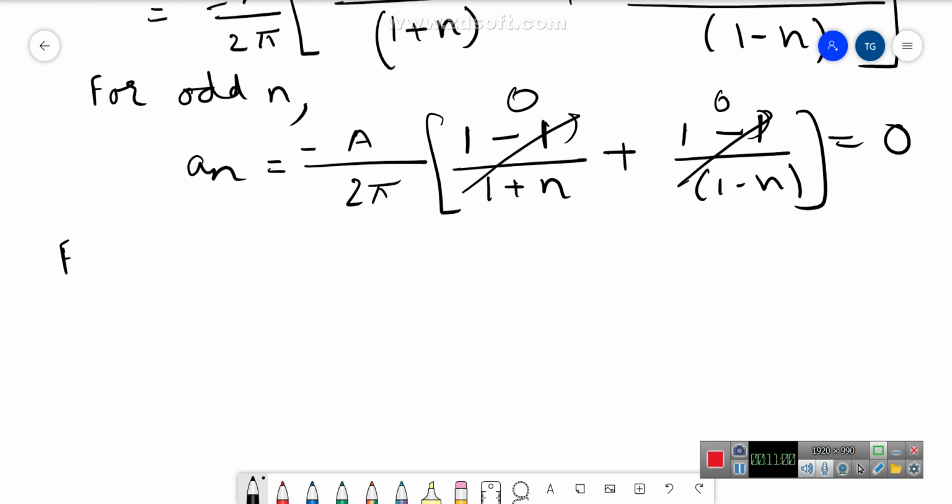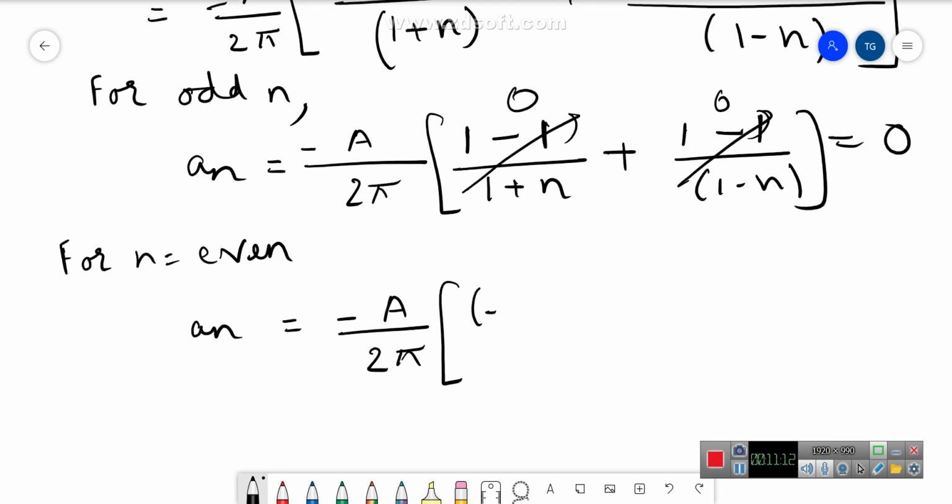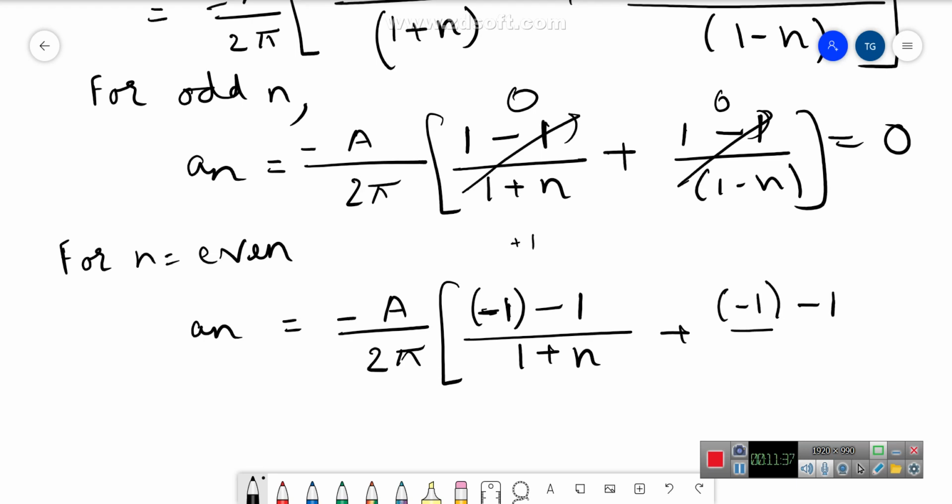And the result for n equals an even number, what will it look like? It is like this, into, now anything to the power even plus 1 will make it an odd number, and it will stay minus 1, because to the power of an odd number will again make it negative. So it is minus 1 minus 1 upon 1 plus n, plus it is again minus 1 minus 1 upon n minus 1 minus n.